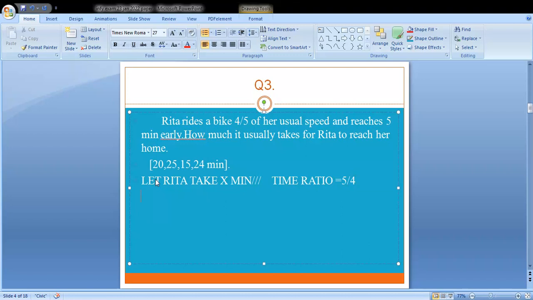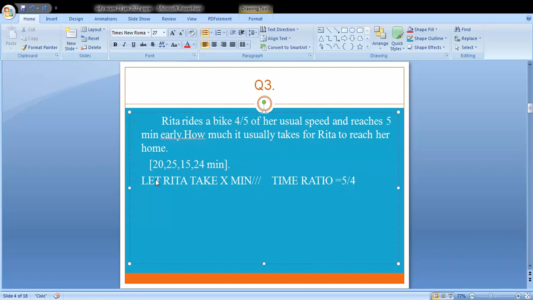Let the usual time taken by the rider be x minutes. Now instead of x minutes, it is 5 by 4 of the time. So she is reaching 5 minutes early. Why is she 5 minutes early? Because she is going with 4 by 5th of the speed, so automatically there is a difference in the time.